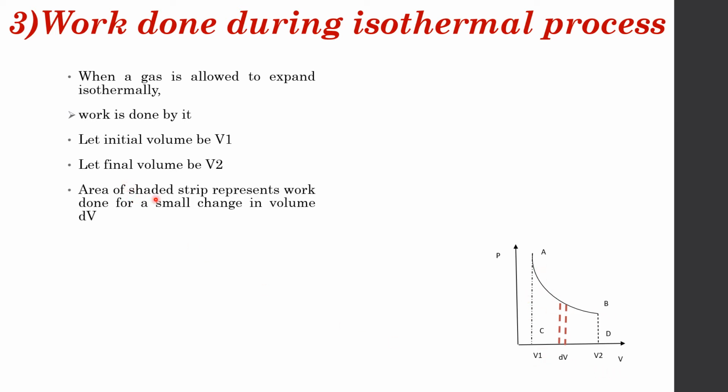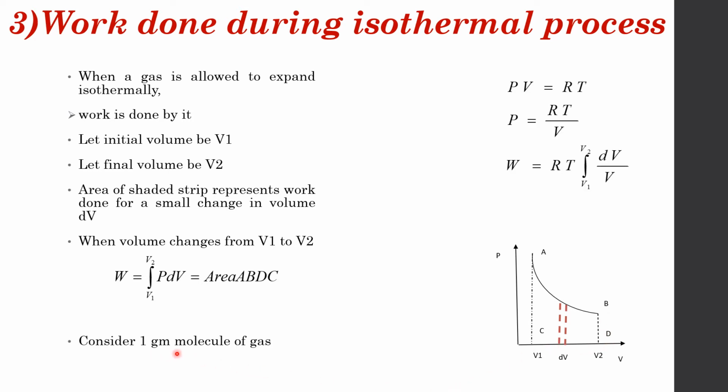The area of the shaded strip, that is this part, represents the work done for a small change in volume dV. When volume changes from V1 to V2, work done can be given as the integration of P dV with limits V1 to V2, and it is equivalent to the area under this curve, that is ABDC.